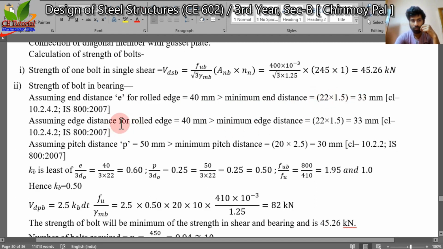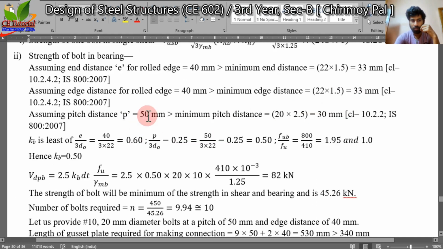And we are assuming edge distance is equal to 40 millimeter, which is greater than the minimum edge distance, that is 1.5 times the diameter of hole. And we are assuming pitch distance 50 millimeter, which is greater than the minimum pitch distance, that is 2.5 times the diameter of bolt.